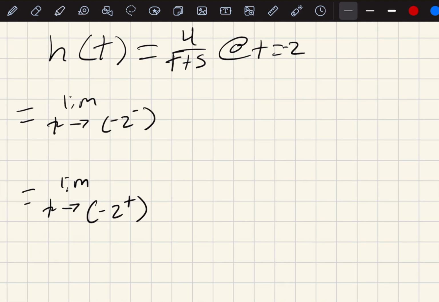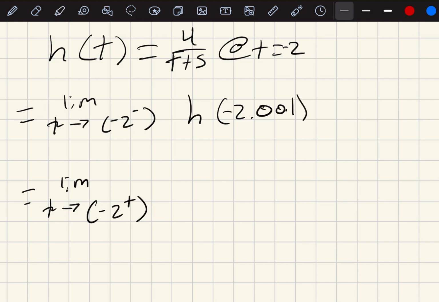The two values I decided to choose, just to get us within 3 decimal places of our target instantaneous rate, is -2.001.